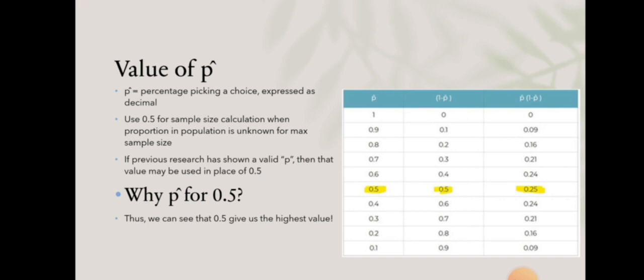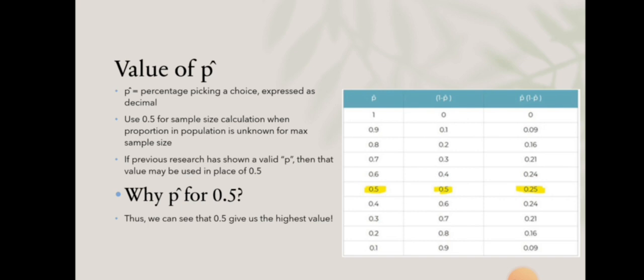Previous research or literature shows that the value of P used is 0.5. So why 0.5? What is the justification for using 0.5? Look at the table on the right side of this slide. As shown, there are 3 columns and several rows.